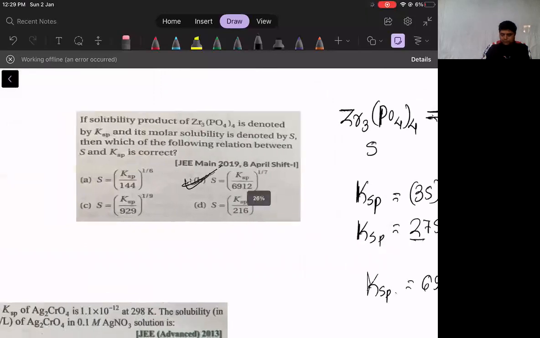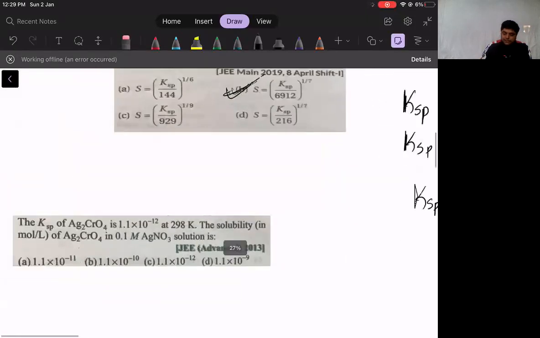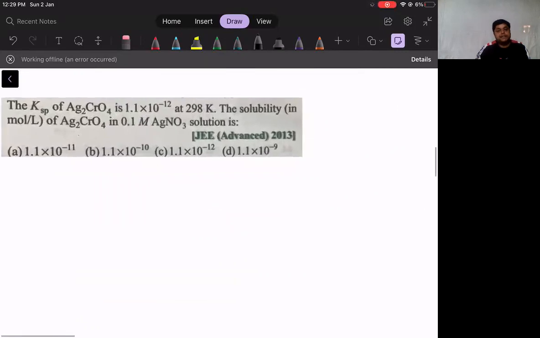Then there happen to be the cases of simultaneous solubility. So to illustrate simultaneous solubility, I have taken another case. The question was asked in JEE Advanced 2013. The KSP of Ag2CrO4 is 1.1 into 10 to the power minus 12 at 298 Kelvin. The solubility in moles per liter of Ag2CrO4 in 0.1 M AgNO3 solution is.